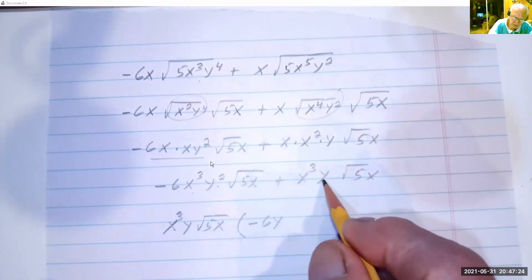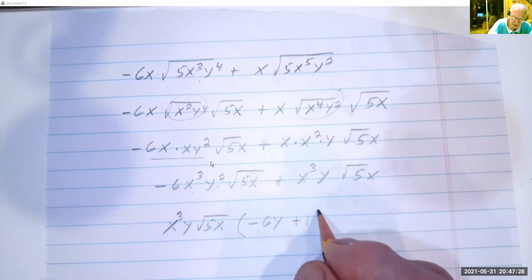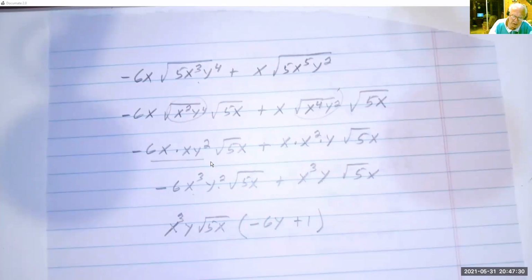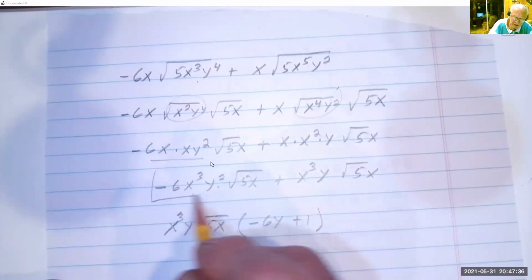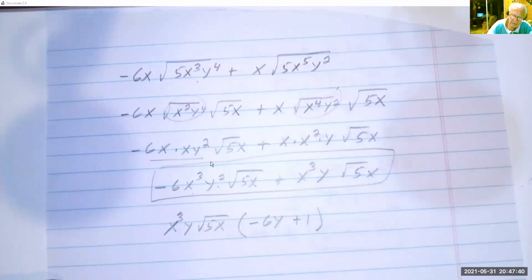And take x cubed y square root of 5x out of the second, we'd be left with plus 1. I normally wouldn't do that, but I just want to show you that that's a possibility. I'd rather leave the answer as I had, two terms that could not be combined.